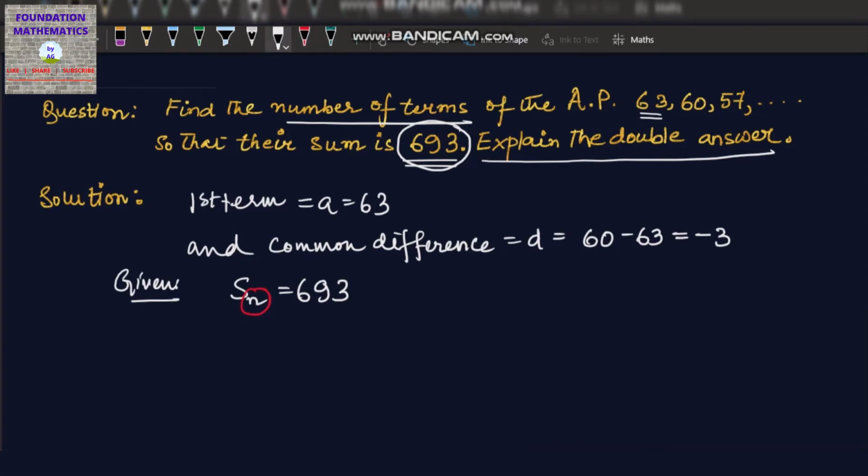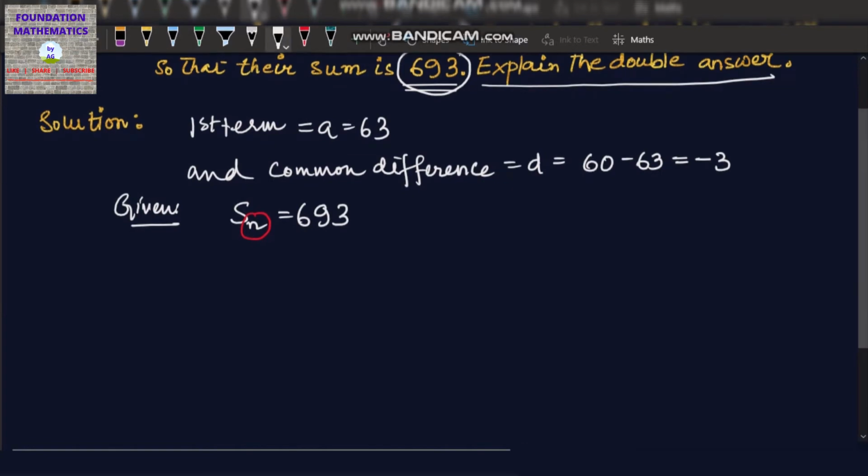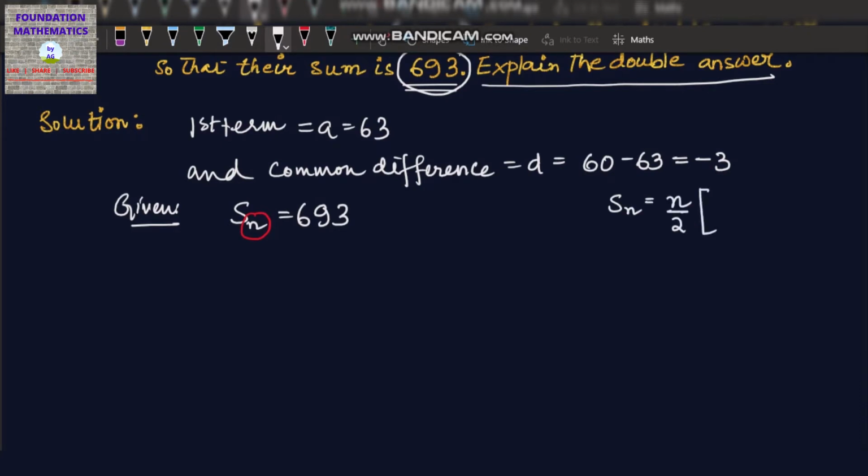Sn should be equal to 693, and we have to find that particular value of n which gives us the sum equal to 693. Now we know that there are two formulas for Sn. Let us recapitulate. Sn, when the first and last term are given, can be written as n by 2 into (a1 plus an), that is n by 2 into the sum of the first and the last term.